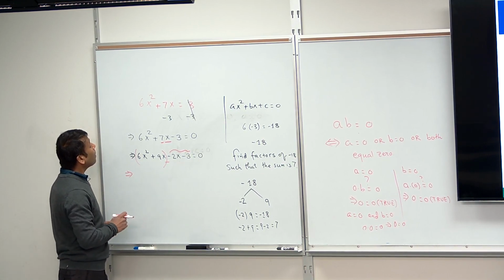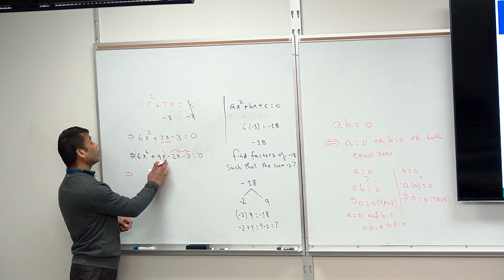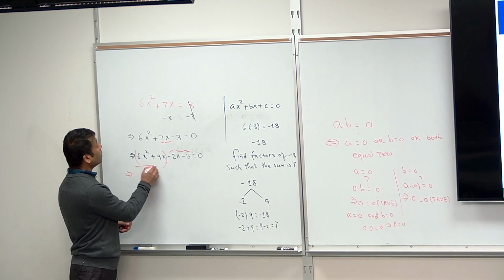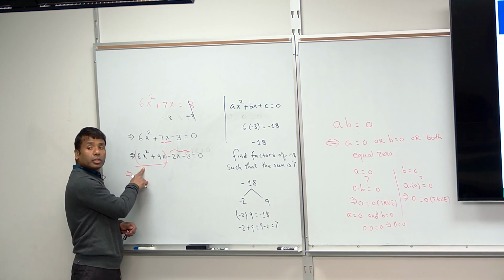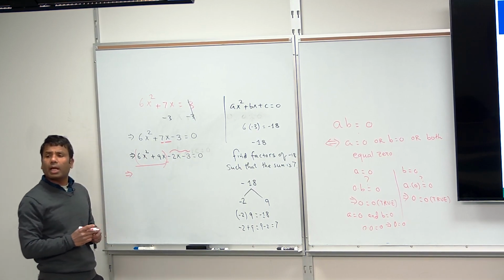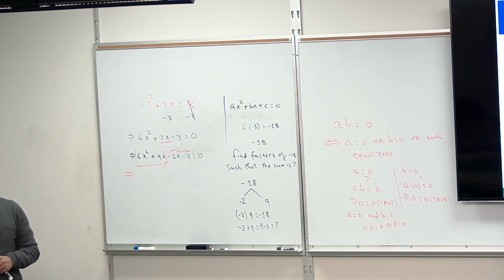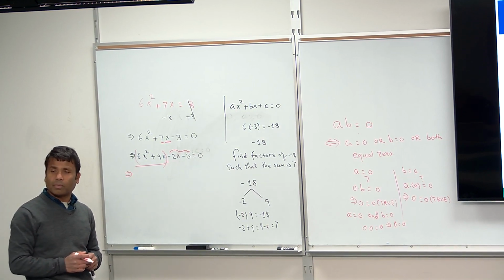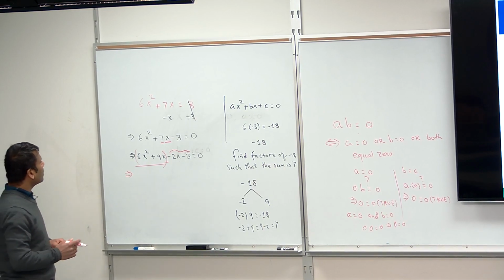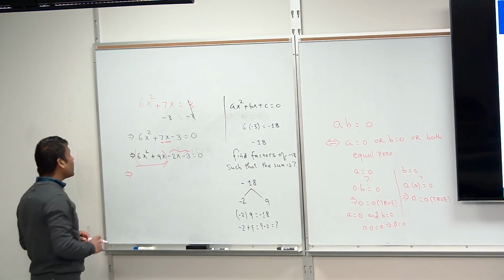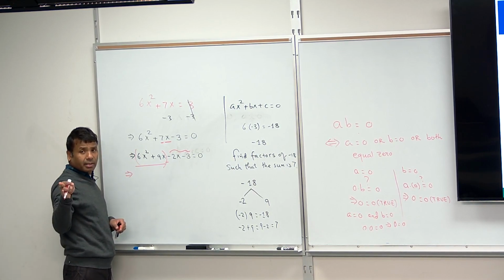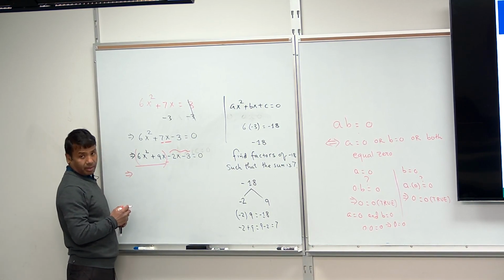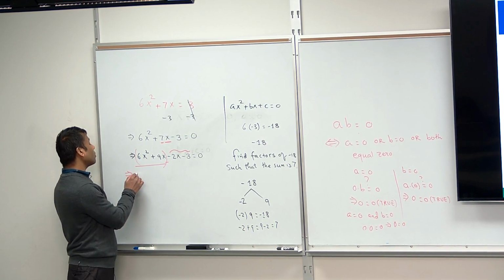So now I have to group. I grouped the first two terms and the last two terms. From the first two terms, what can you factor out? X. Is there anything you can factor out other than x? 3. Yes, so you can factor out 3x.